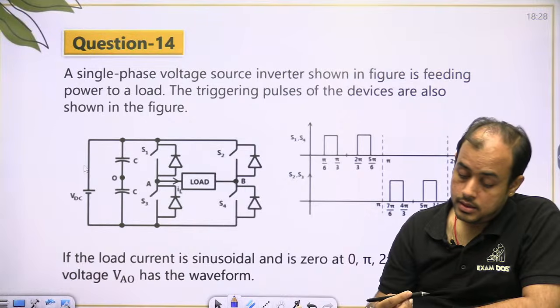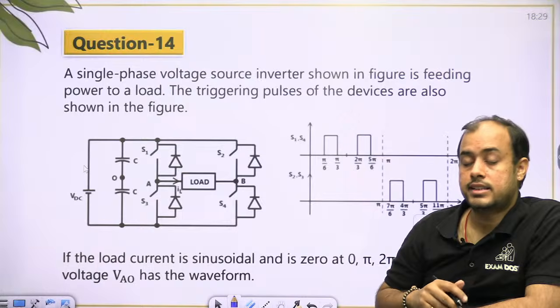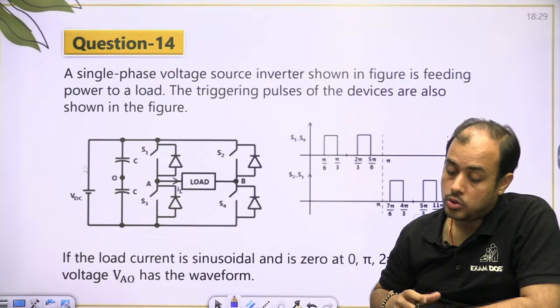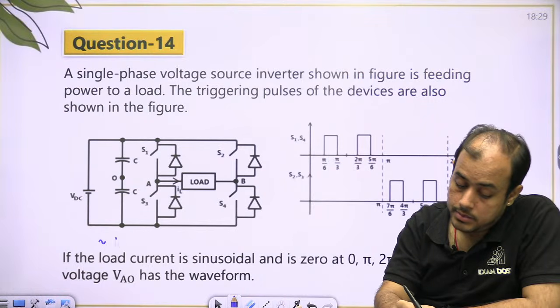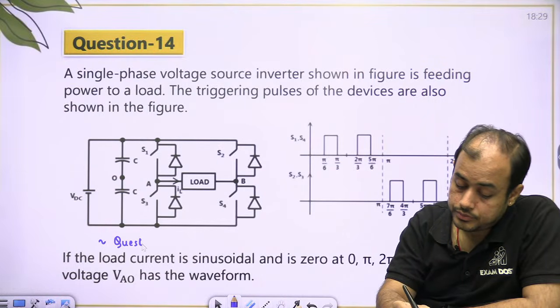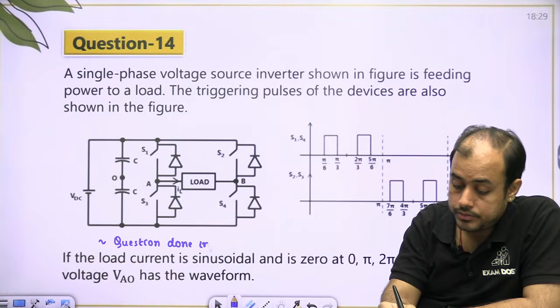Load current is sinusoidal. Similar question we discussed in lecture today. We want to know the waveform for V A naught. Similar question done in PYQ.